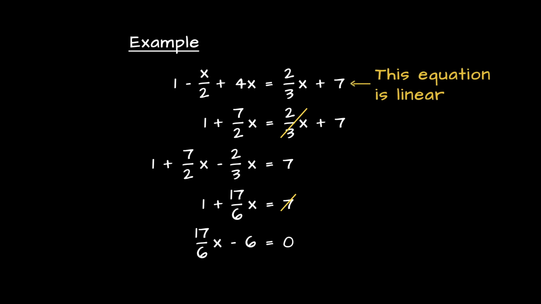So what we've done here is show that our original equation is indeed a linear equation because it can be put into the standard form ax plus b equals 0. And in general, it's not hard to recognize a linear equation. An equation will be linear if the terms on the left and right-hand side are simply additive constants or constant multiples of x.